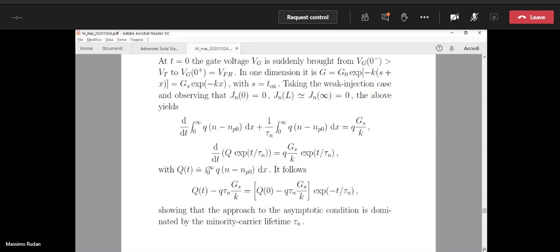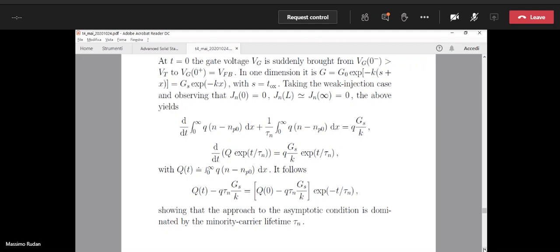You can notice that the excess charge Q does not go to 0 when time goes to infinity, okay? It goes to q tau n times Gs over K. So why is it so? Why does not the excess charge go to 0? Because the light keeps coming. So we still have generations in the material. This generation has never been stopped, okay?